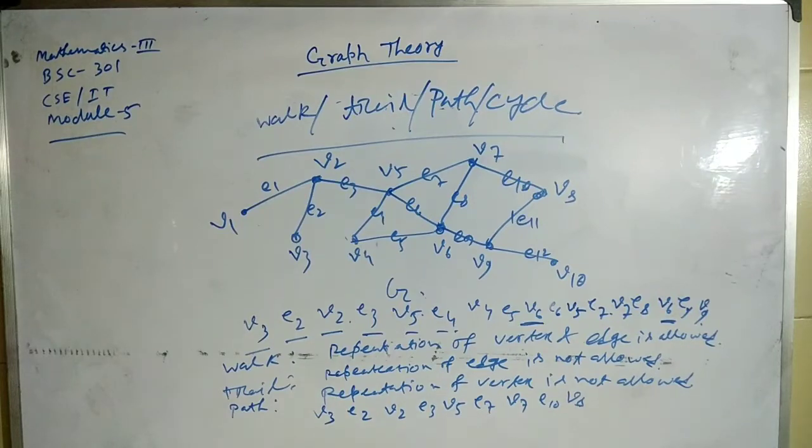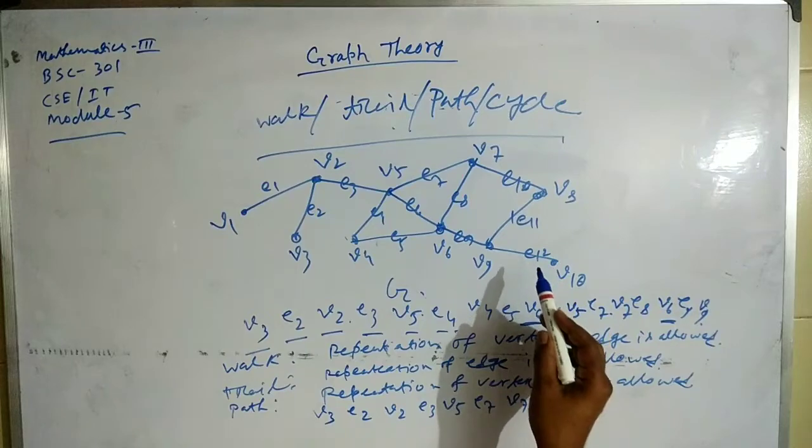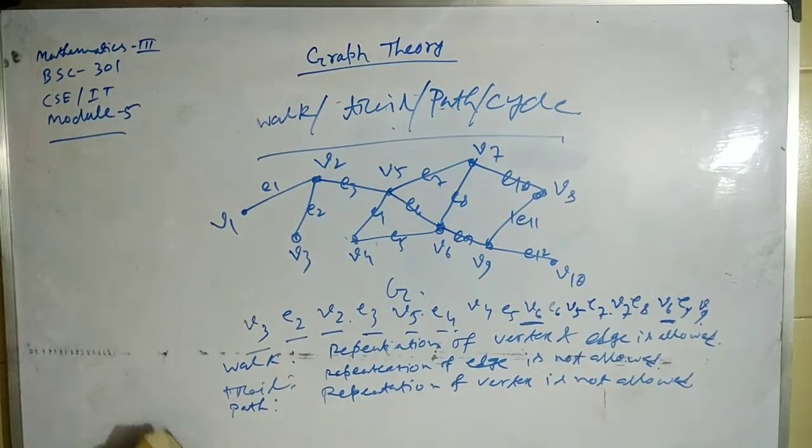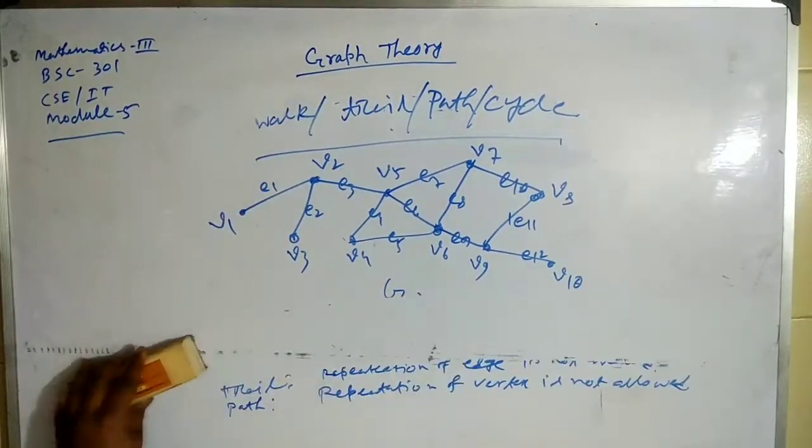So a closed path means repetition of vertex is not allowed, excluding one vertex, that is the start vertex and end vertex will be the same. Like we started from V3 and we finished at V3.